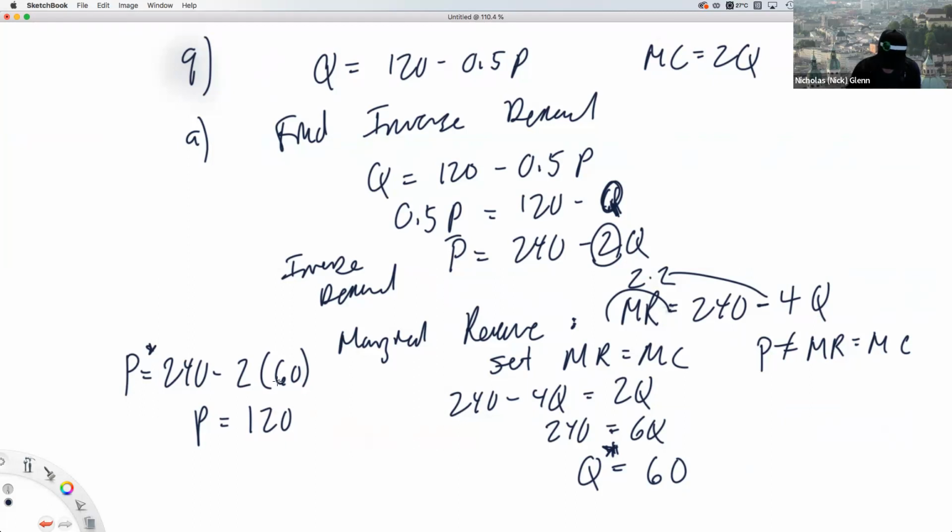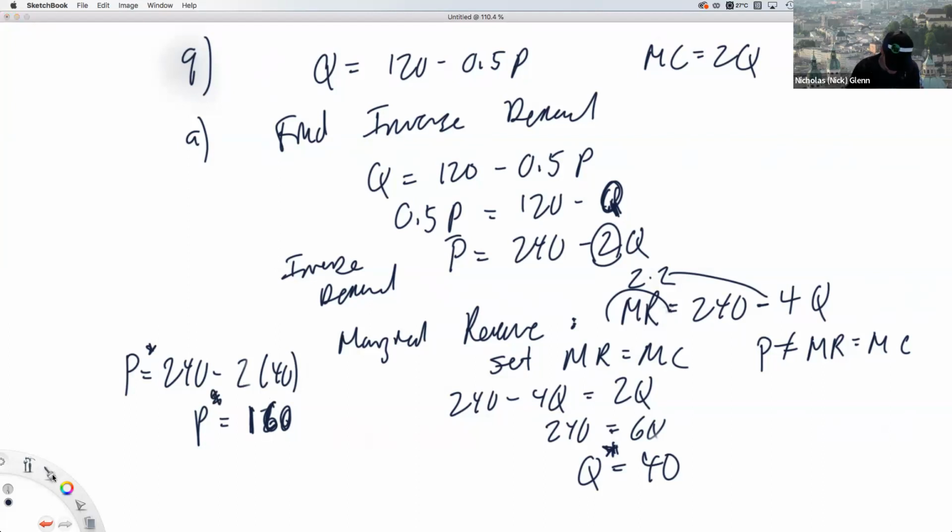Oh, it's 80. Sorry, that's 40. This should be 40. That's what I did wrong. Maybe something didn't match up. Sorry about that. That's 40. And so that's going to give you 160. All right. Equilibrium price of 160, quantity of 40.